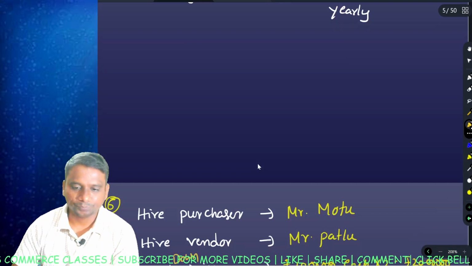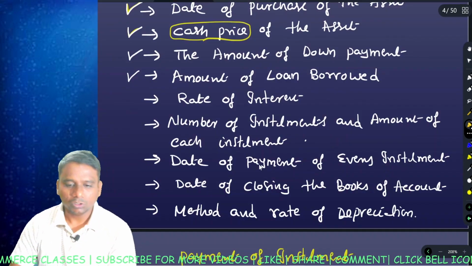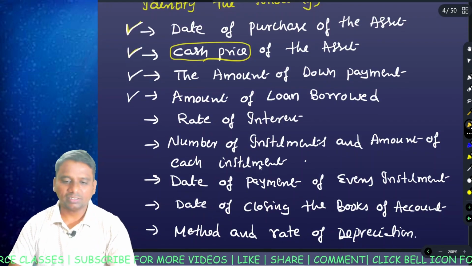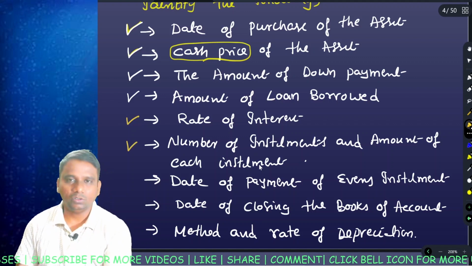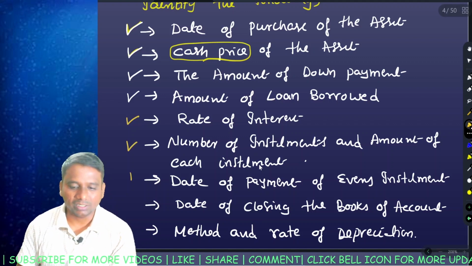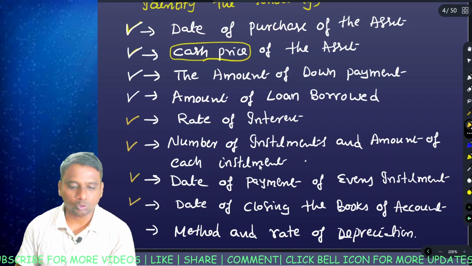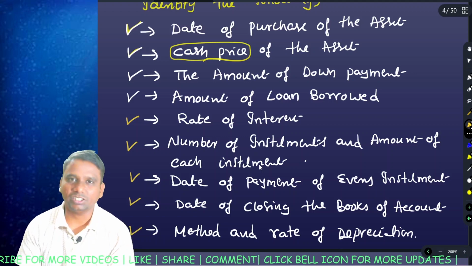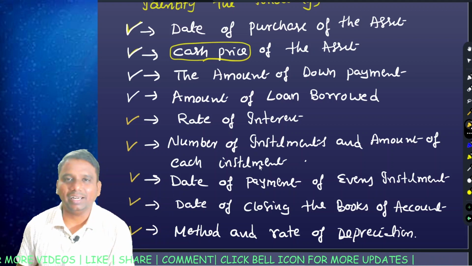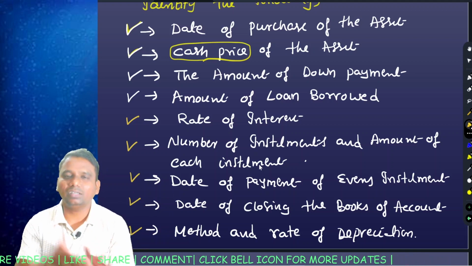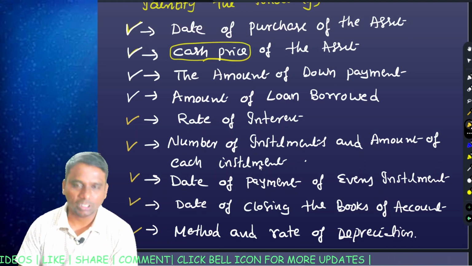Right. Now look here. So like this we need some details. Rate of interest, number of installments we calculated 96, amount of each installment, date of payment, date of closing books of accounts, method and rate of depreciation. As we are buying an asset, on the asset we should calculate depreciation, so the method and rate of depreciation. Clear everybody?